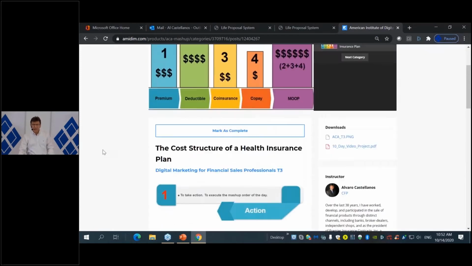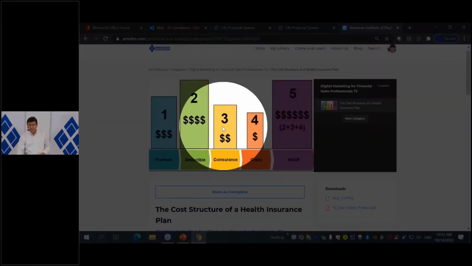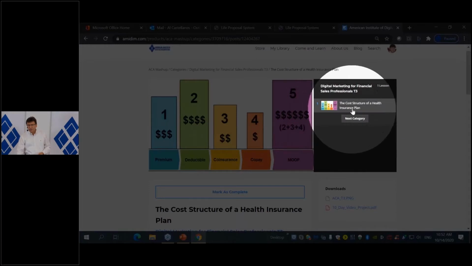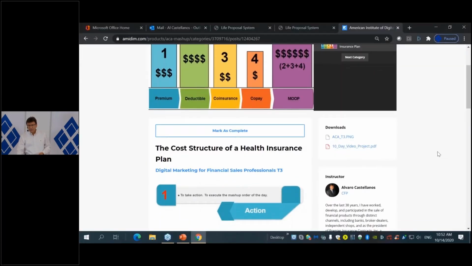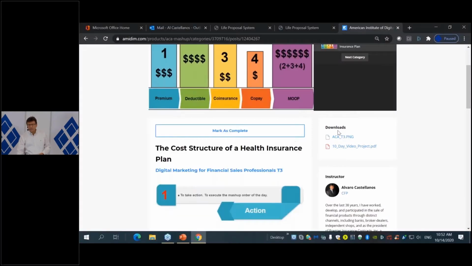So this is the actual format of the training or the learning platform. What I want to emphasize is that we have some type of image or video up here, and some information about the course. Then we have the download section, and this is very important, because in the download section you place all the documents you want people to download.